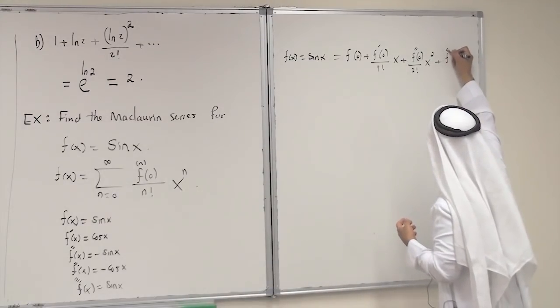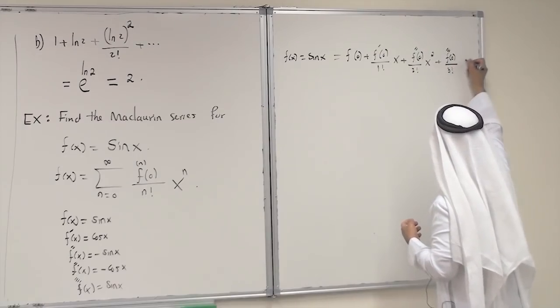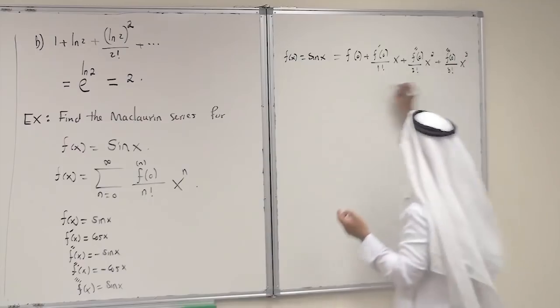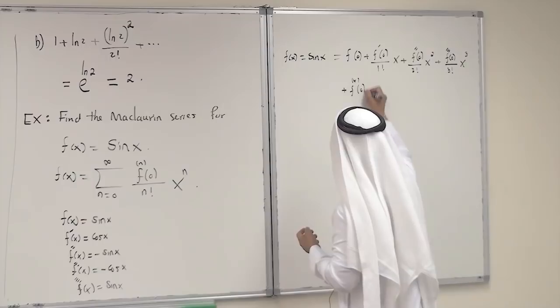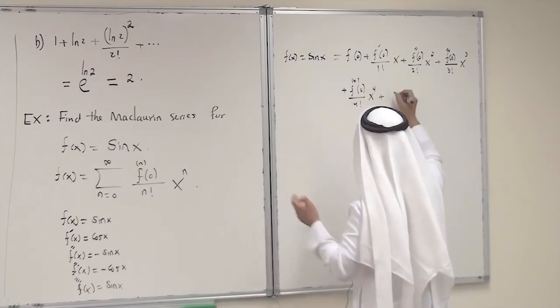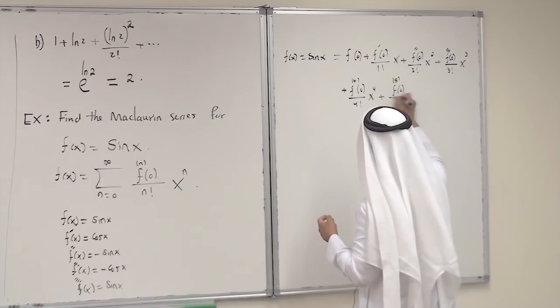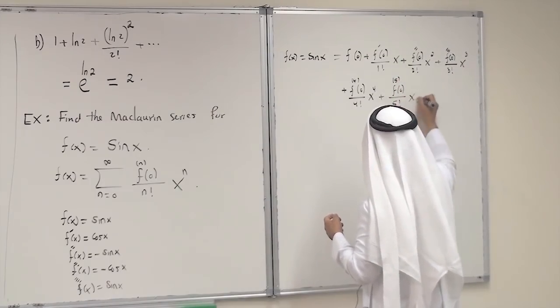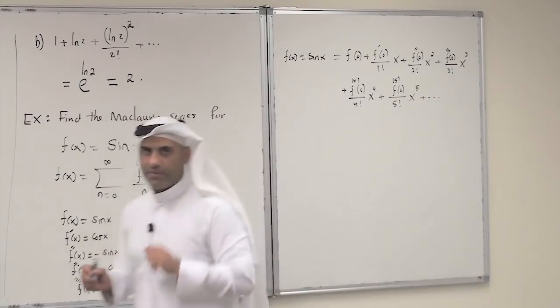F triple prime at 0 divided by 3 factorial times x cubed, and so on. If the fourth derivative at 0 divided by 4 factorial, x to the power 4, let me add one more, the fifth derivative of the function at 0 divided by 5 factorial, x to the power 5 plus, etc. But observe now the following.